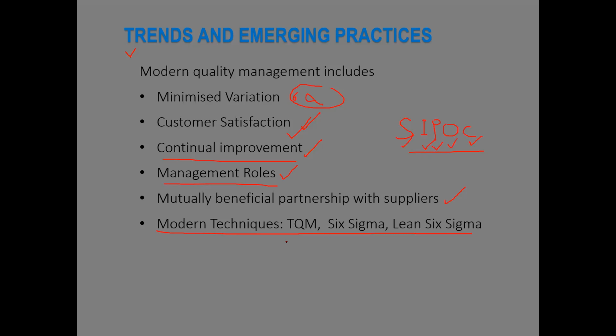Some other modern techniques, total quality management, Six Sigma and Lean Six Sigma, that not only talk about minimized variation, but also talk about minimizing waste. Lean is all about minimizing waste.